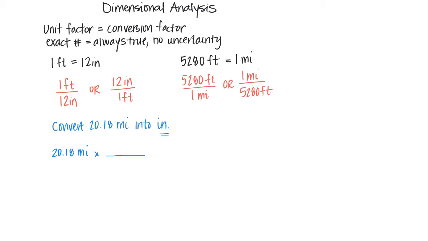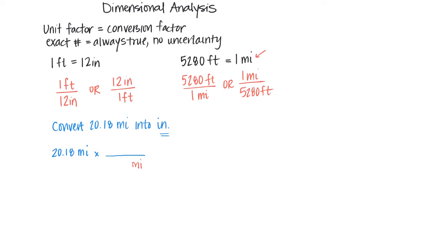If we look at our unit factors, we have to use the unit factor that contains miles first. So we will convert from miles to feet. The question is, which version of the unit factor do we use? Well, we need to cancel units, and the only way to do that is to put the miles on the bottom, so that miles divided by miles gives us 1.